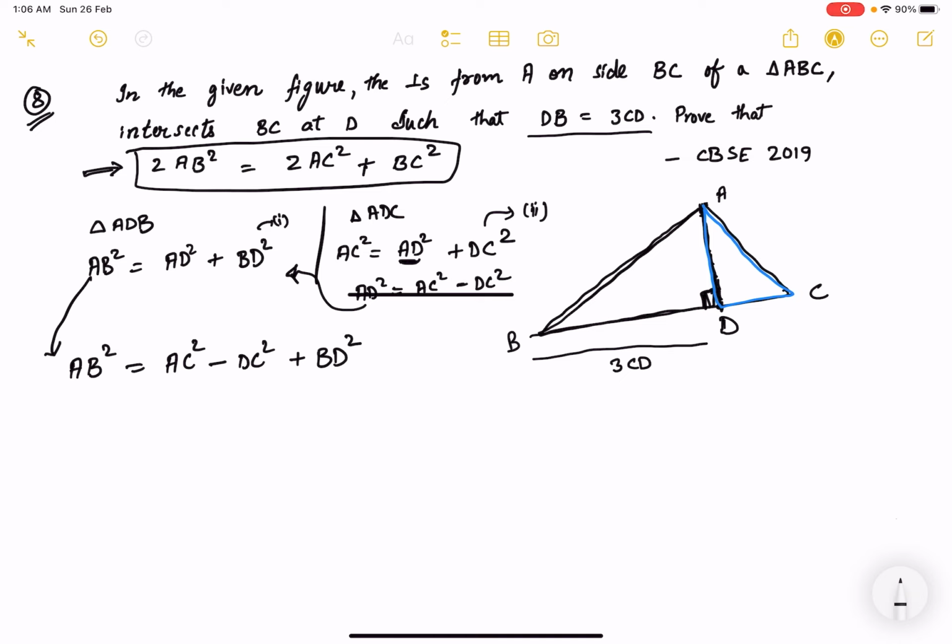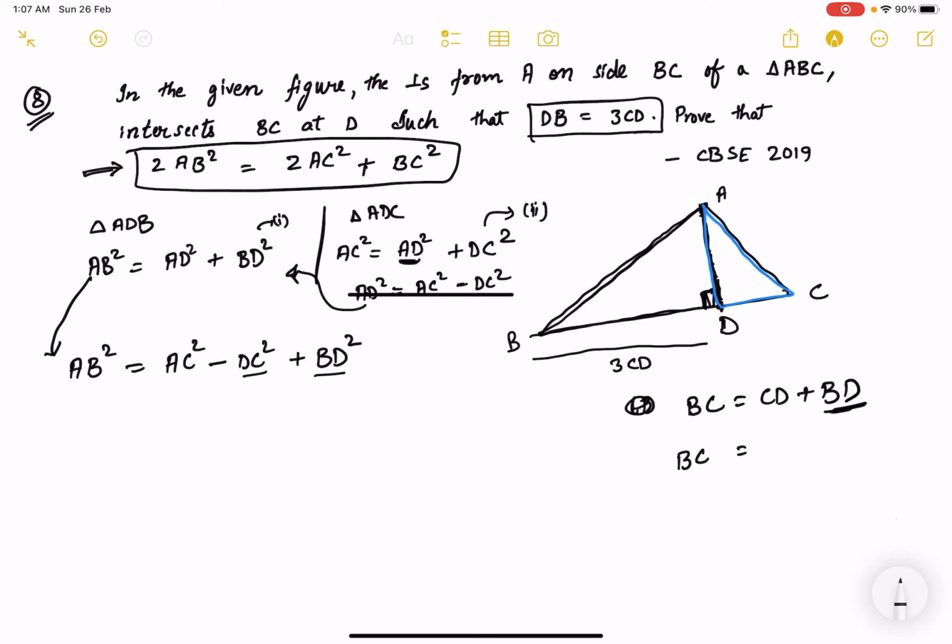Okay, then again, which terms we don't want? We don't want CD and BD. So we are given this relation. So let's substitute. From the figure we can say BC is equal to CD plus BD.